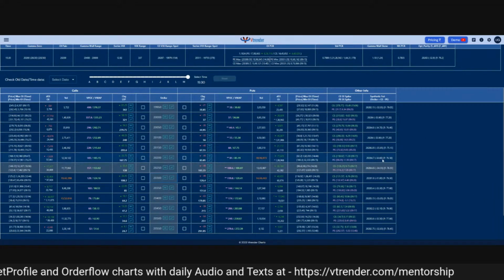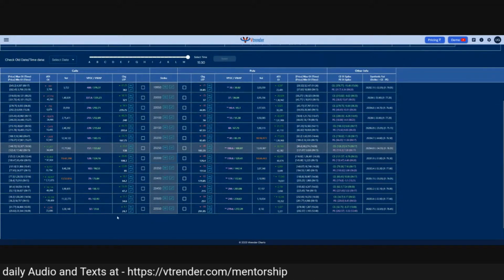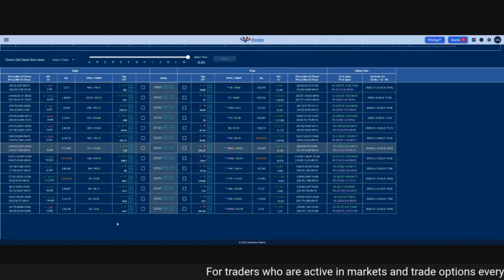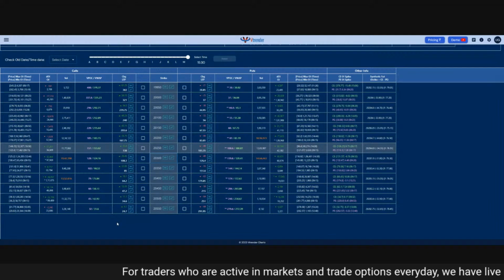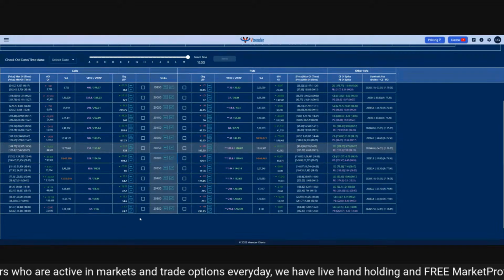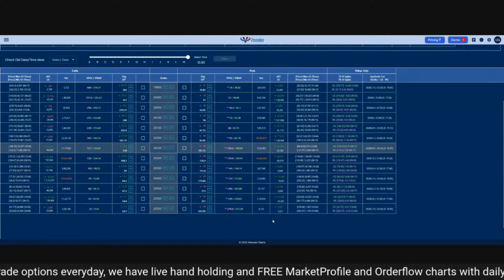We can open any option chart, whichever option you're trading, with one click. Even if you're an option seller, selling straddles and strangles, this is a very good place to open up all those charts. You have the strike price right in the middle column, the call data on the left and the put data on the right.